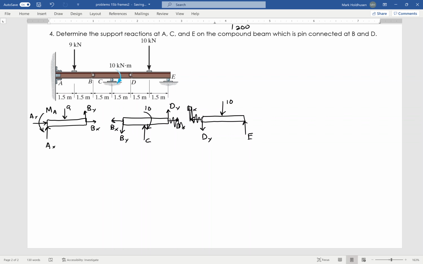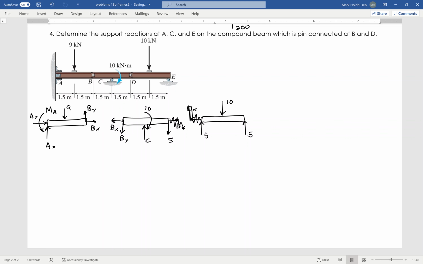Now, also from symmetry, hopefully you recognize that these are each going to be 5, because 10's at the middle. So these have to both be up equaling 5 like so, which means that this DY is in the wrong direction. It should be downward, and it should be 5.